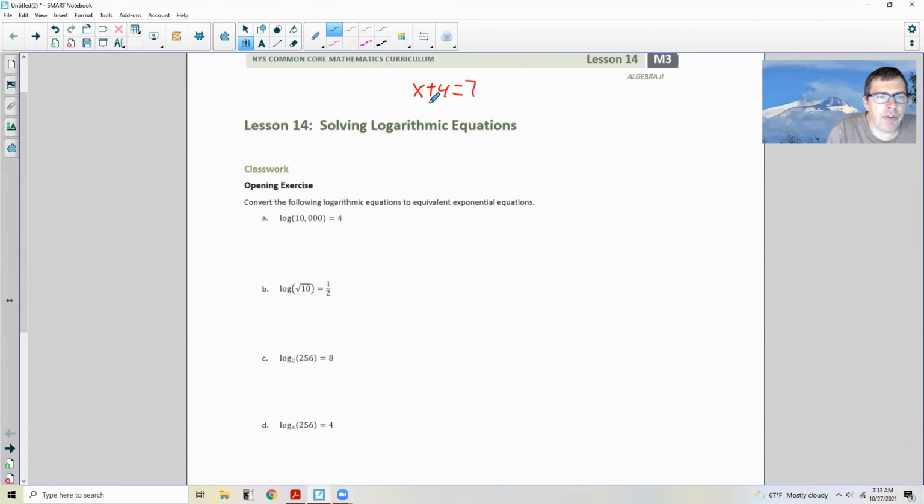But in order to solve this, we had to do the inverse operation of addition to get x by itself. So I had to do subtraction. And when I subtract from both sides, I get my variable all by itself, and I get 3. So addition's inverse is subtraction and vice versa. Multiplication's inverse is division. If something is squared, you take the square root or whatever the nth root is.